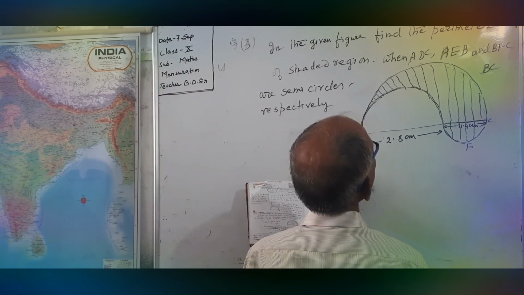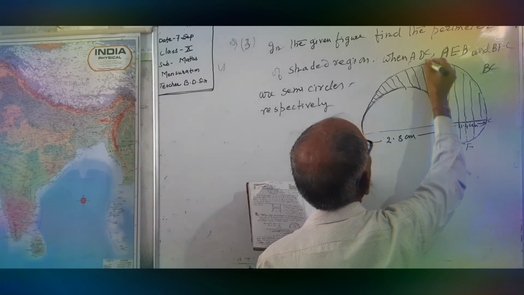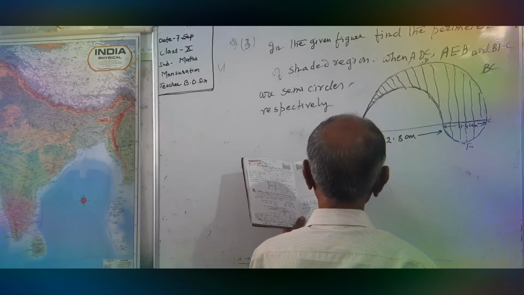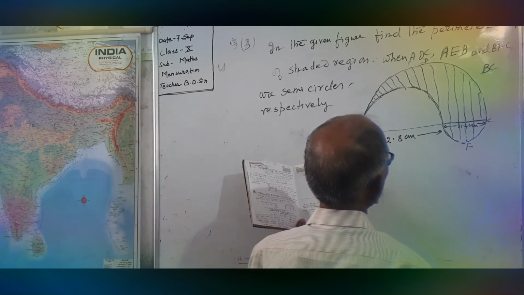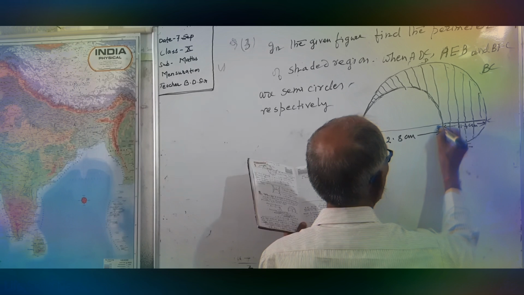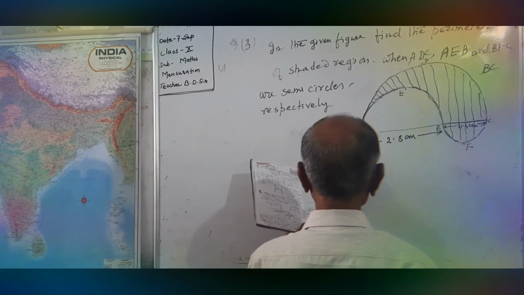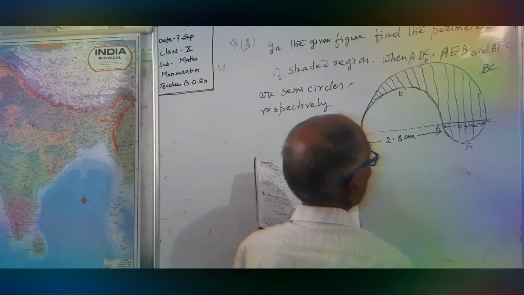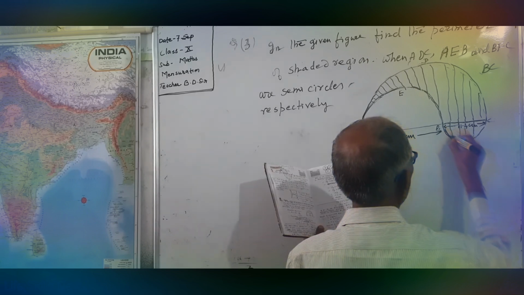ADC, so this will be D. ADC. AEB, this is B, this is E. AEB. BFC already. So this is the figure.